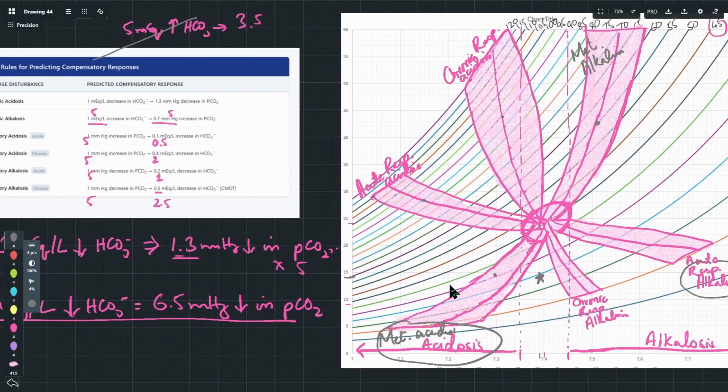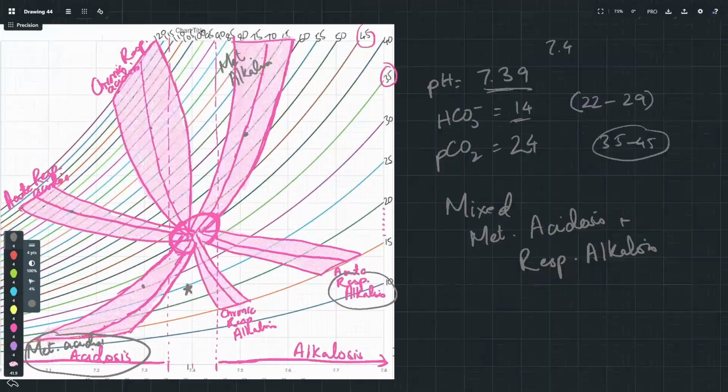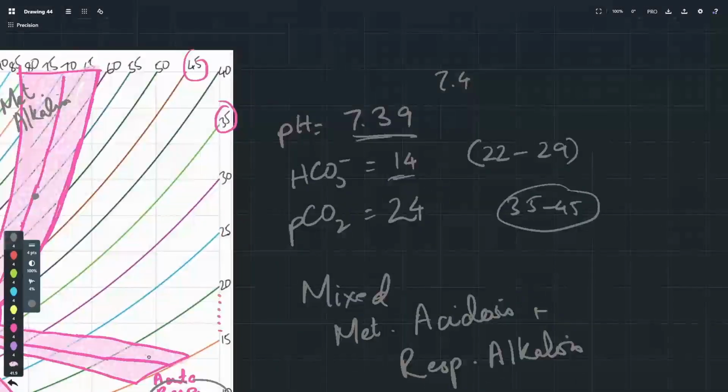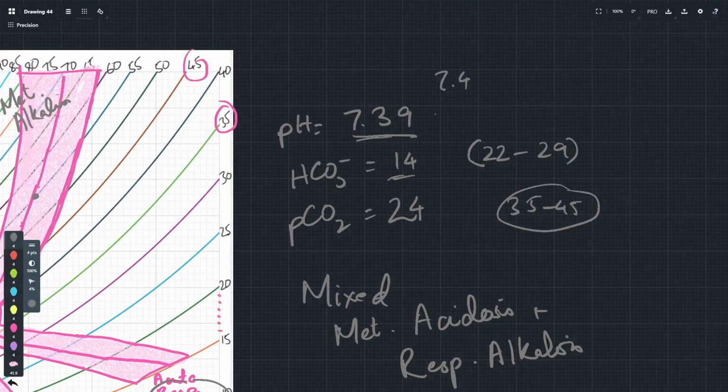And to do so, we can actually use the Renal rules. The algorithm is that we first look at where it is deviated. Is it lower than 7.4 or higher than 7.4? I'm talking about pH. So pH is a little bit, although very little bit, lower than 7.4.